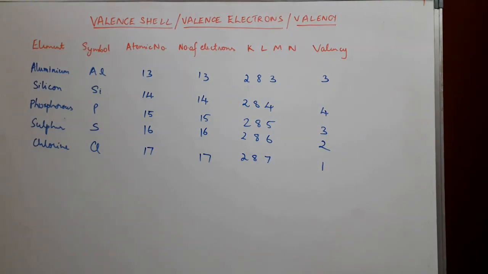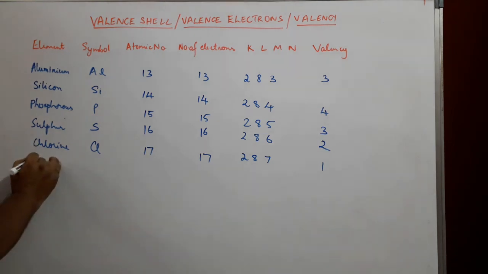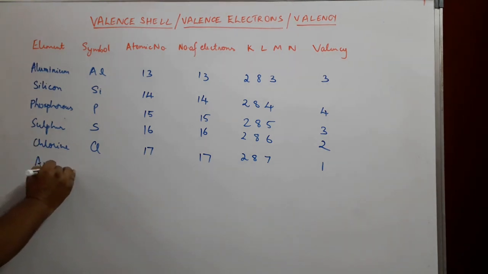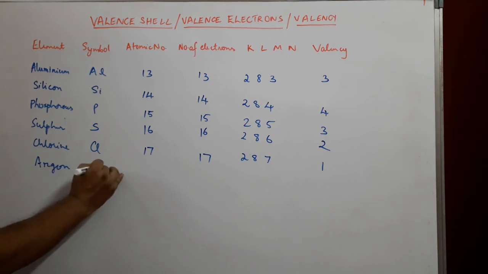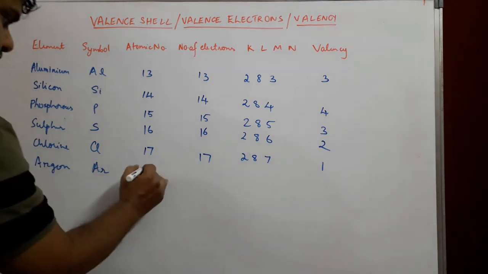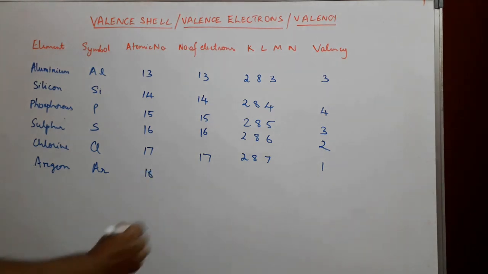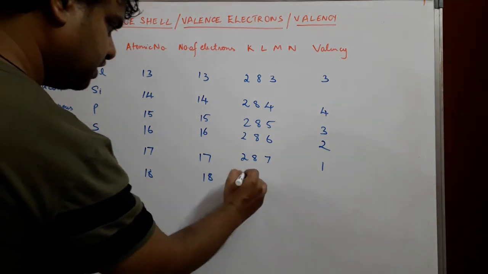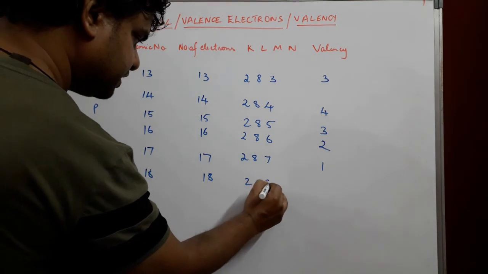Okay. Now, the last element that we will be covering in this video will be argon at number 18. Symbol is Ar and atomic number 18, number of electrons 18, 2, 8, 8.